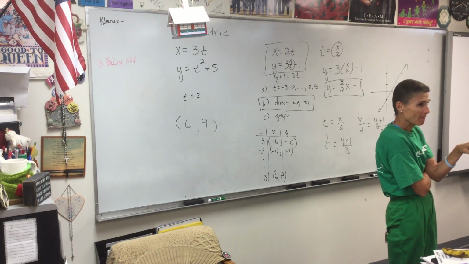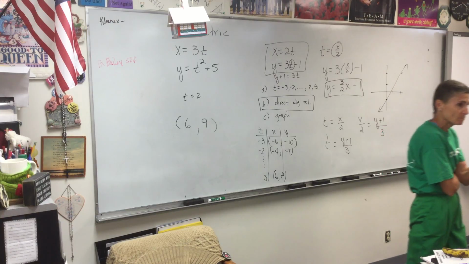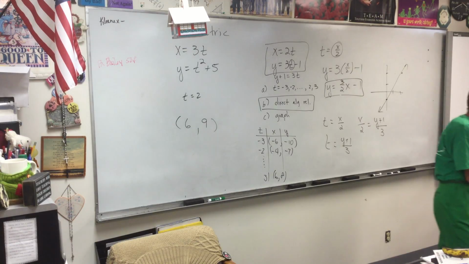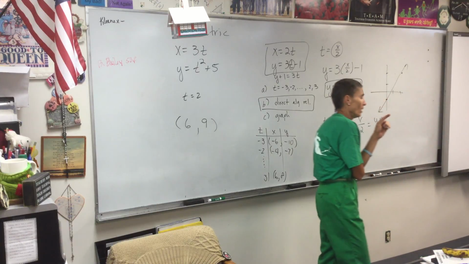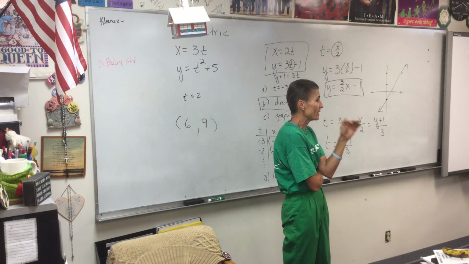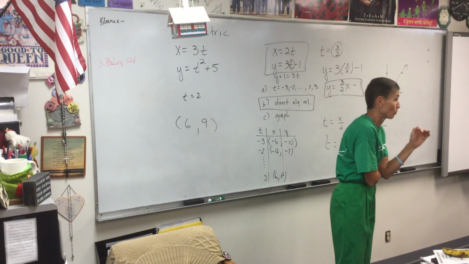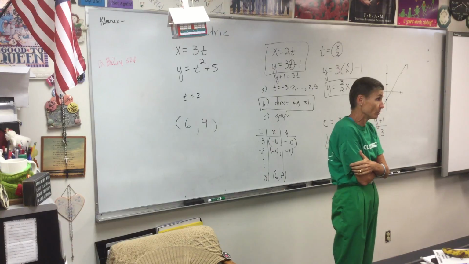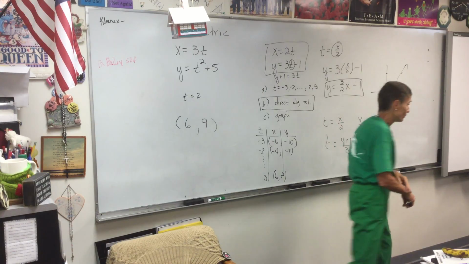Why is it all squiggly? I don't know why it's all squiggly. Oh, it's just plotting a bunch of points, I think. Okay, so we understand that to make our calculator work normally, we're going to have to change it back to function mode. All right, good.